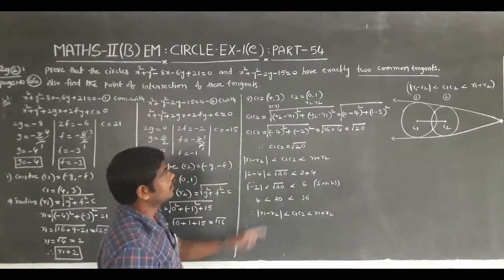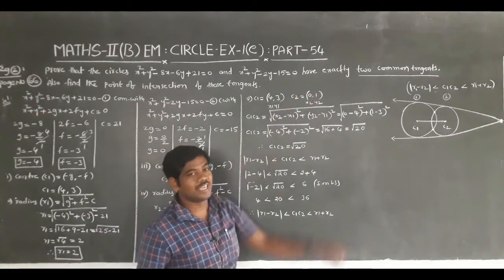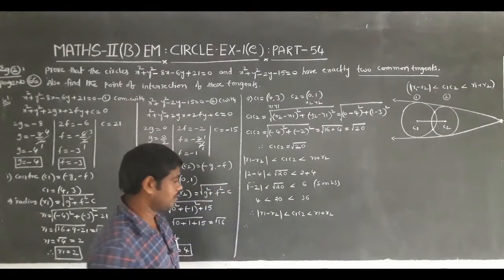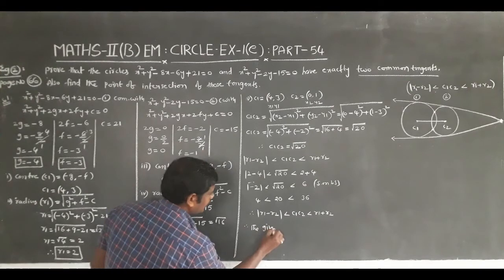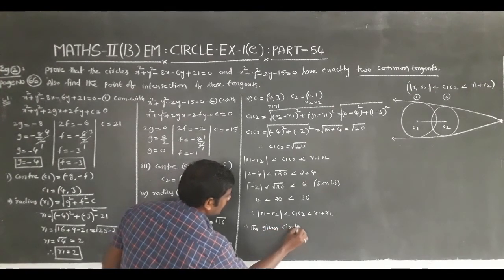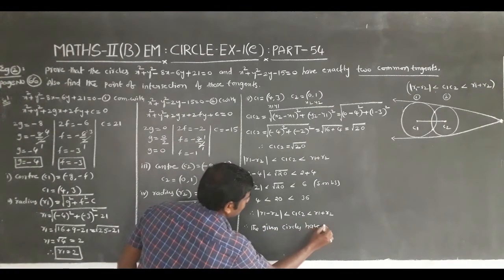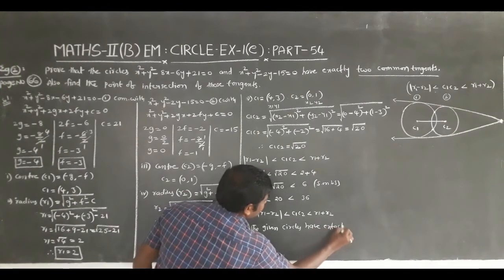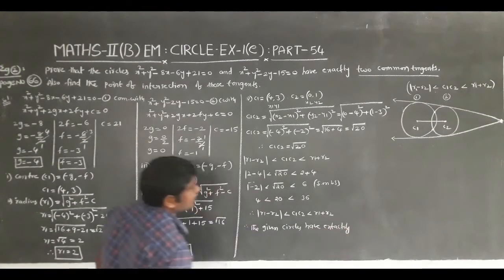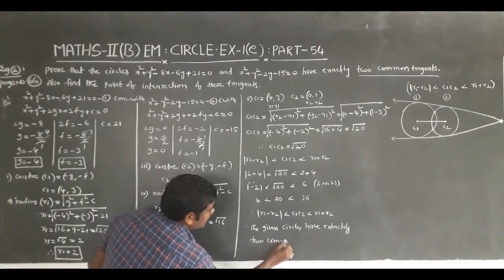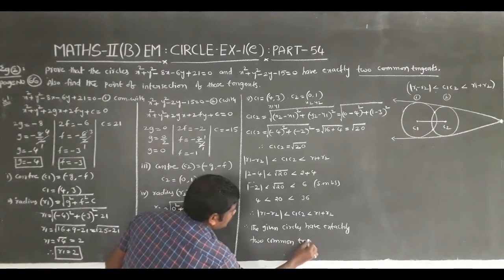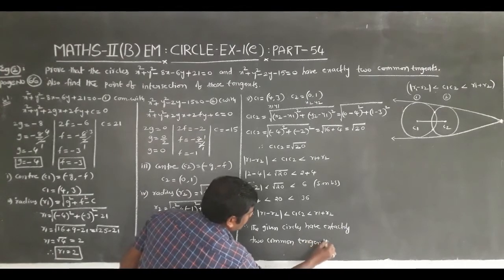Therefore, the given two circles have exactly two common tangents.